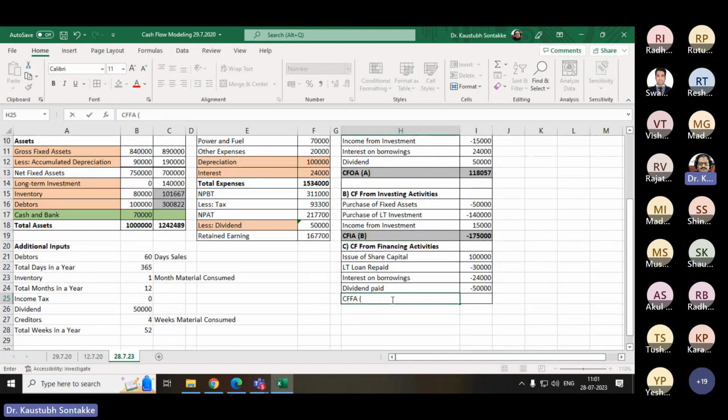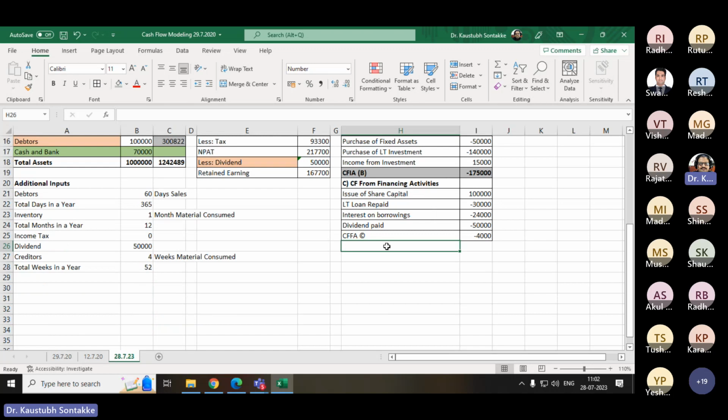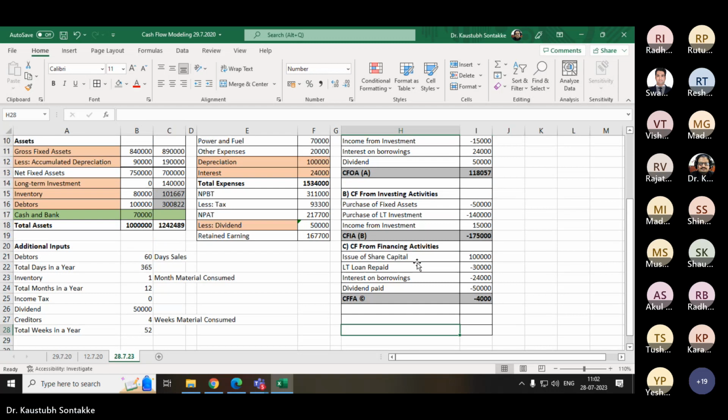Then CFFA, C. Again, I'll make the sum. I want 3 or 4 more lines, so I can make the borders visible. I'll make CFFA capital, bold and color coded. So A is operating activity, B is investing activity, and C is financing activity.